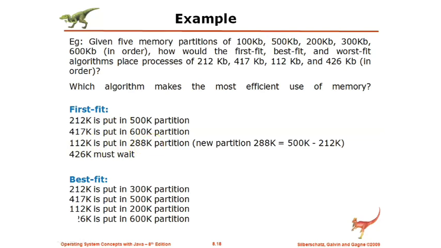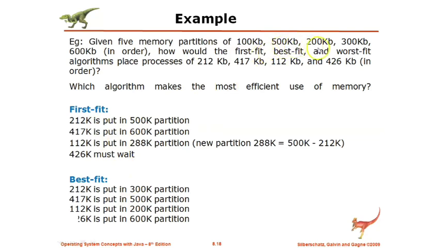The next process is 426 KB. Again it will search the memory partitions. The first one is 100 KB, not sufficient. The second one is out of 500 KB, whose requirement was satisfied by these two processes, so the remainder will not satisfy 426.